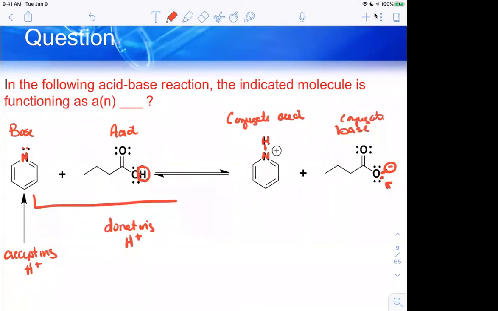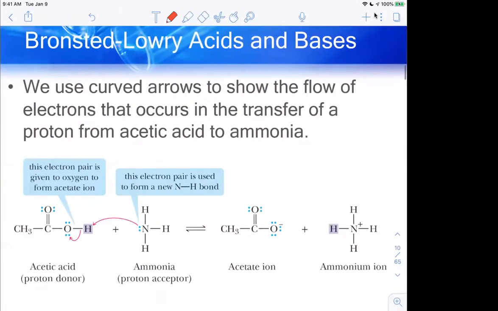So this is the conjugate acid-base pair, and this is that second conjugate acid-base pair. We're always going to use these curved arrows to show the flow of electrons that occurs in the transfer of a proton when we do this acid-base theory.